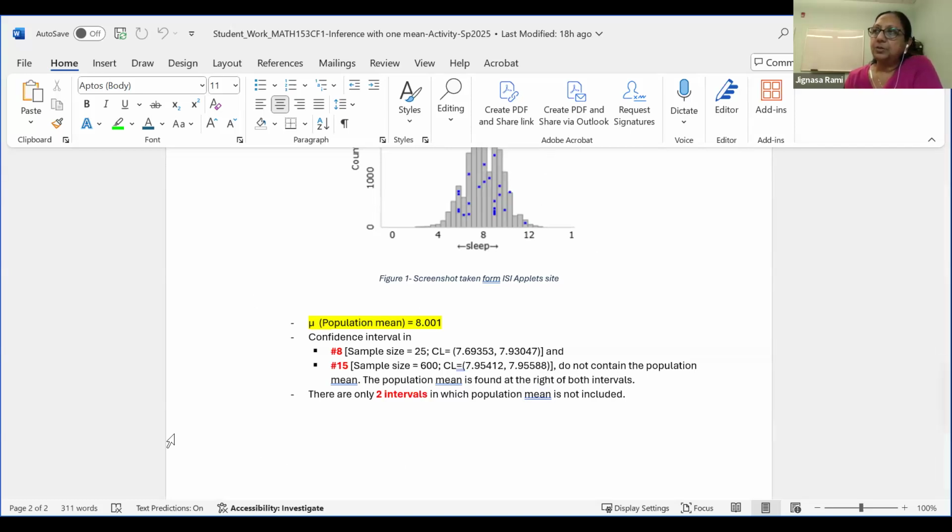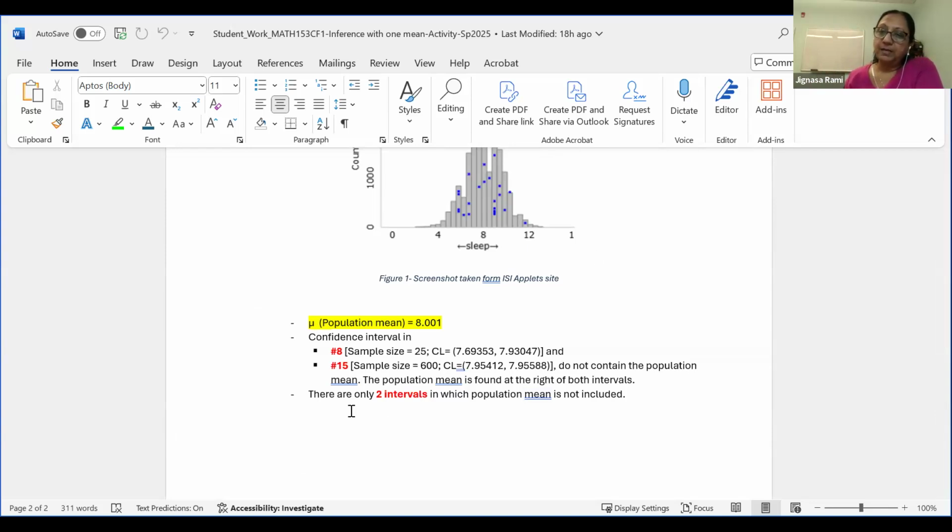So then I actually took this further outside of this, and I took them into the hypothesis testing mode, and I said, okay, what do you want your alternate hypothesis to be? The population mean is 8 hours. Now, what do you think you want it to be? So somebody said, well, I want it to be more than 8 hours, or less than 8 hours. And so I let them do both of those.